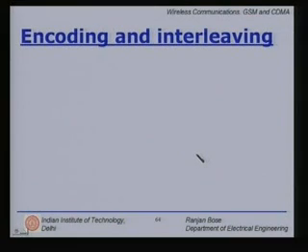We now move to the next part of the CDMA signal generation, which is encoding and interleaving to take care of the randomness in the channel. Please remember, we are dealing with a hostile channel environment wherein there is multipath, there is shadowing, and then there is additive white Gaussian noise.